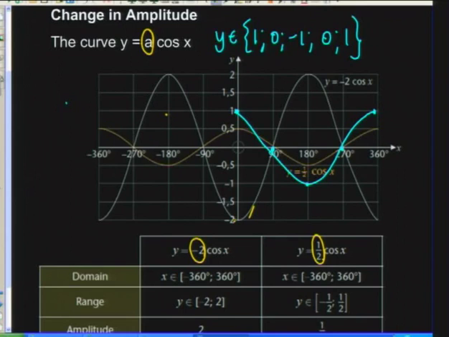One wavelength is what we call the period. It takes 360 to complete the cycle. My domain, in this case, is because I've restricted my values to -360 to 360, but the range is dependent on what you've chosen for your domain.